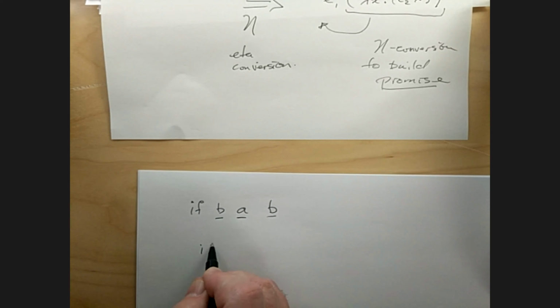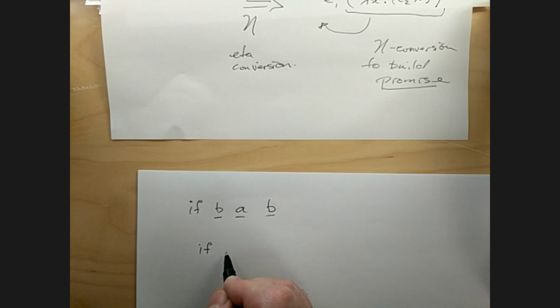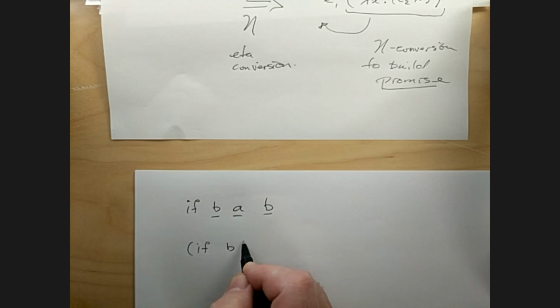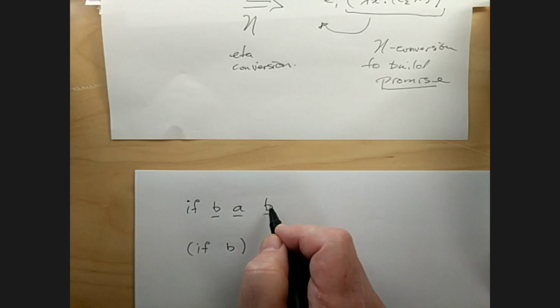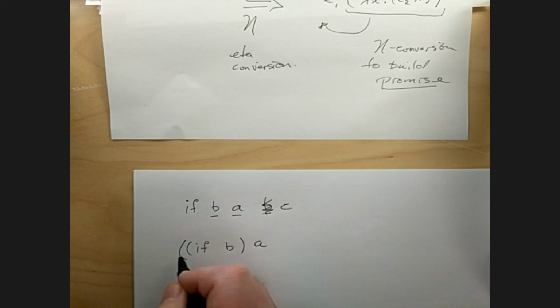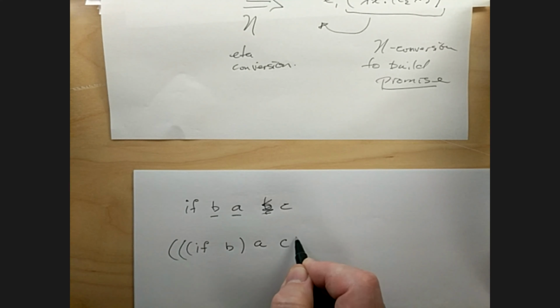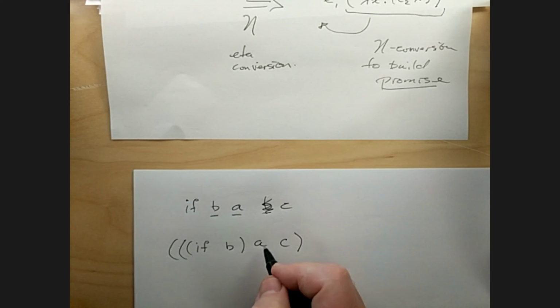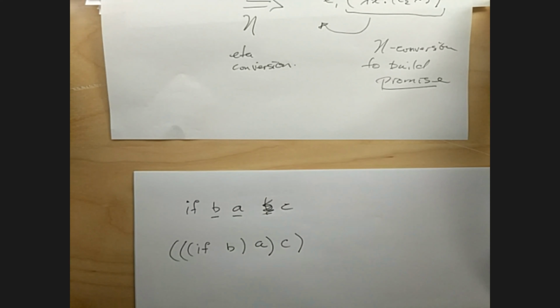So let's say we have if of B, A, C. This is what our if is going to end up looking like.